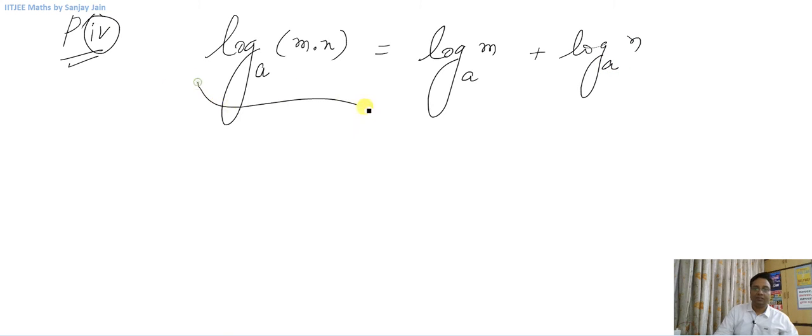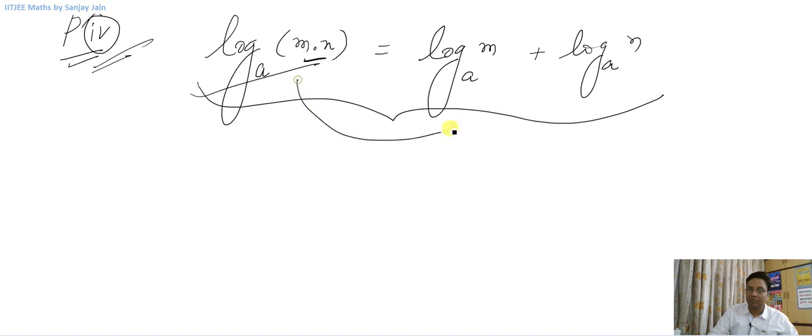So this is a very powerful property which simplifies our calculation, right? This was in multiplication form, and this property, property number 4, has brought it into summation form. Okay, so in a way it has simplified our calculation because you can take more numbers also.